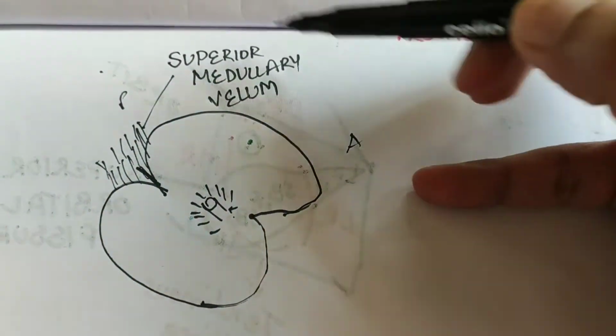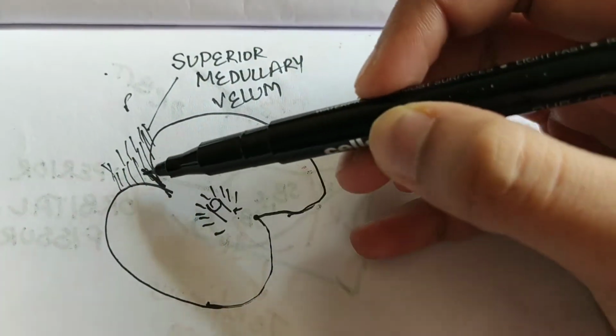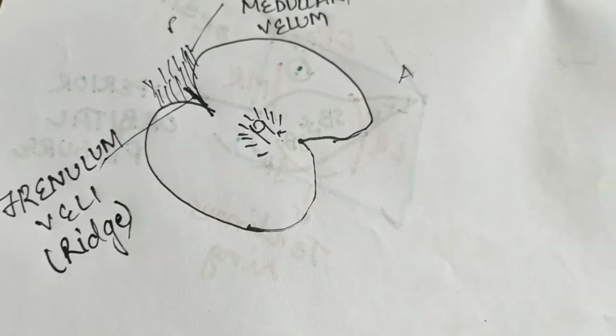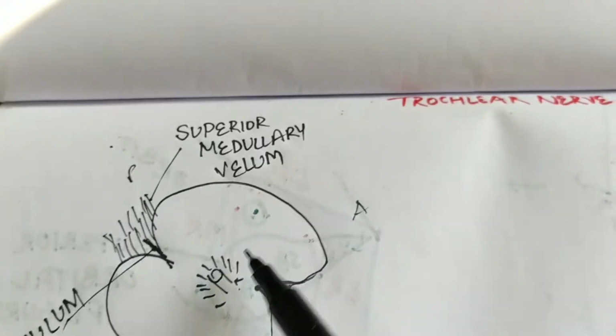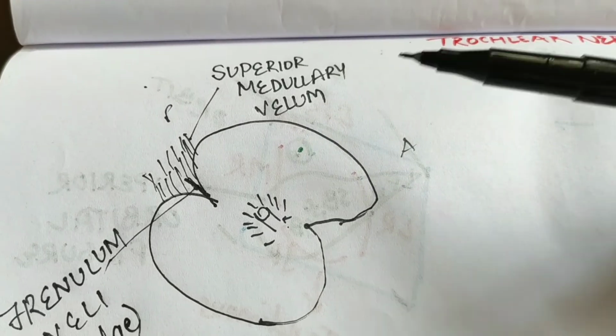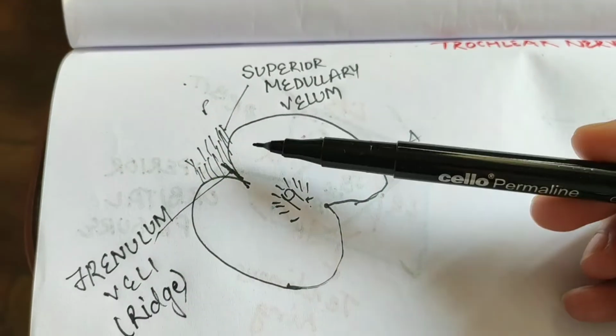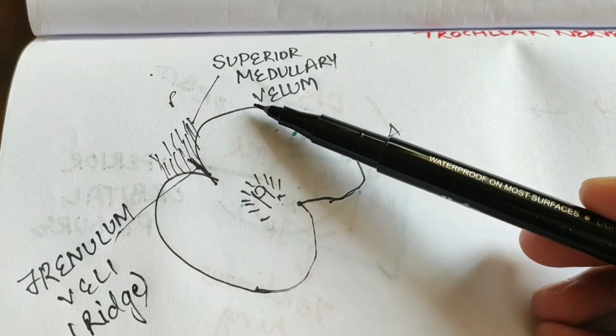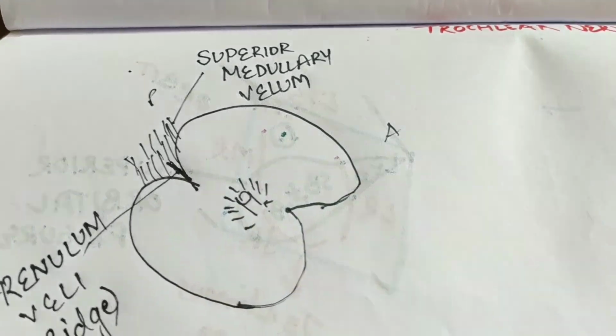This is a band of white matter behind that, and this is the frenulum veli. This is the midbrain at the level of the inferior colliculus. The third cranial nerve is at the level of the superior colliculus, and the fourth is at the level of the inferior colliculus.